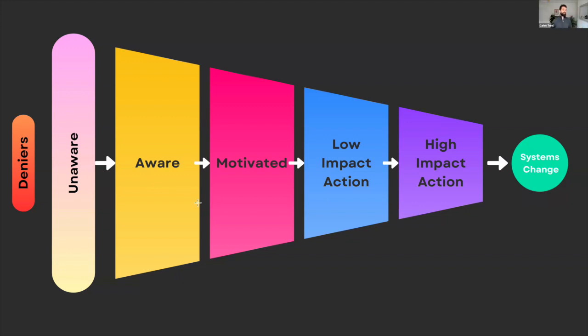So that would be unaware, deniers, and then the funnel starts, and then off it goes. I think I like it like this because it represents that it's the unaware that we can bring into the funnel. The deniers, we leave them out, they have nothing to do with us. Okay, that's fine. No problem.